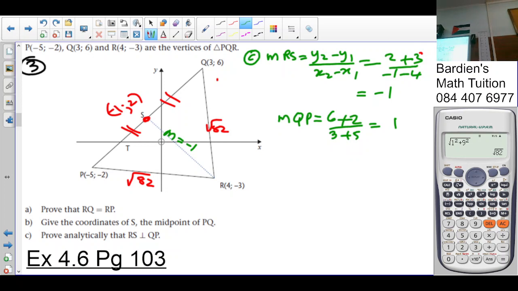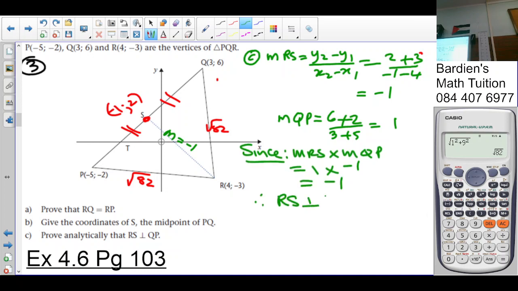So we conclude, since we state the obvious, the gradient of RS times the gradient of QP is equal to negative 1 times 1, which is negative 1. Therefore, RS is perpendicular to QP. Okay, you must conclude it properly. No? You can't just say therefore it's perpendicular. You must conclude it like that to get your third mark, your fourth mark. So. Okay.